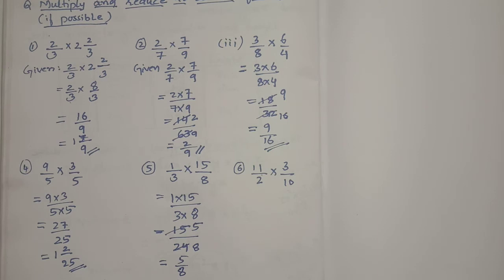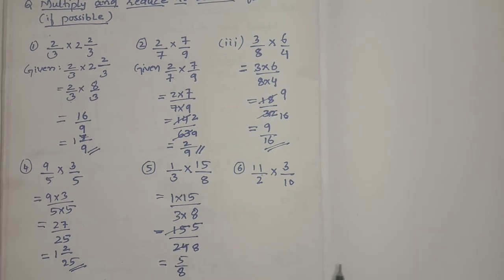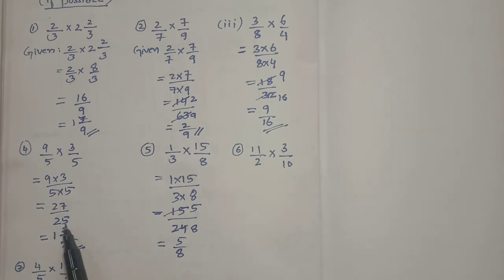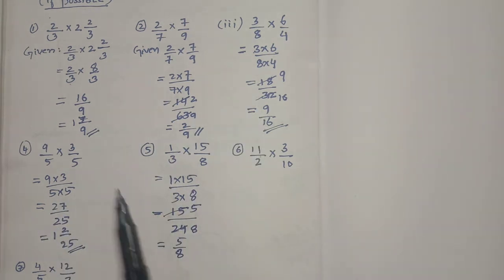One thing is, student, you can note here, we can convert any fraction into improper fraction if the denominator value is less than numerator value. Keep in mind, this is important. This we can note here.